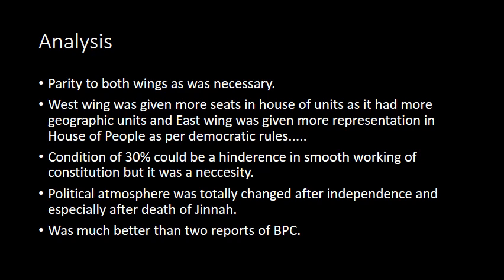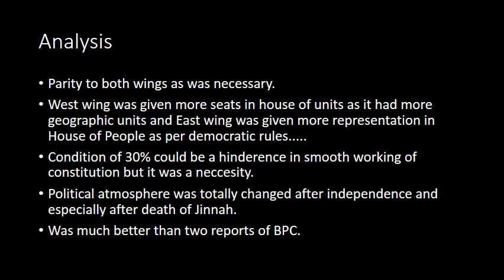Jinnah died unfortunately just a year after independence, and there was no such dynamic leader who could hold this diverse nation under a single umbrella. So there was political chaos in the country.